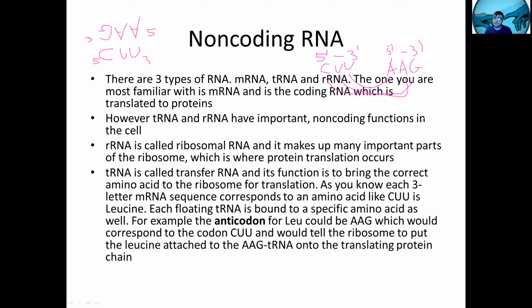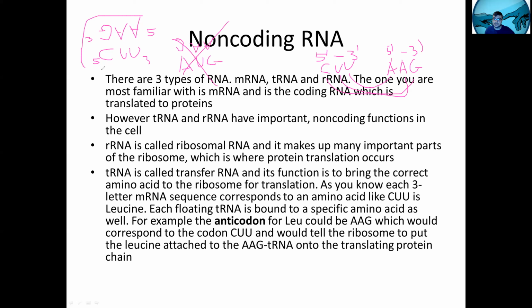If I bring an AAG to this CUU and they bind perfectly, that means there's a CUU there. If there's, for example, an AUG, and then you bring an AAG, it won't bind perfectly, so it knows, okay, leucine doesn't go here because this doesn't bind perfectly.